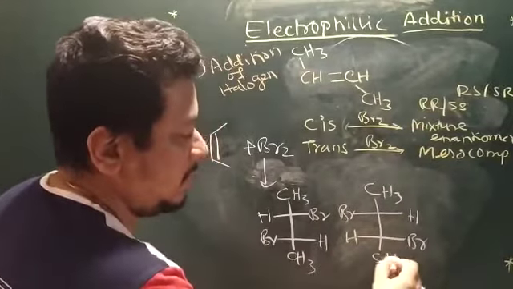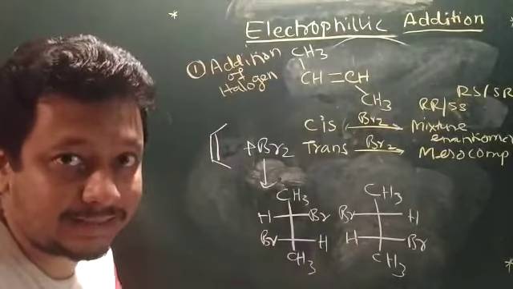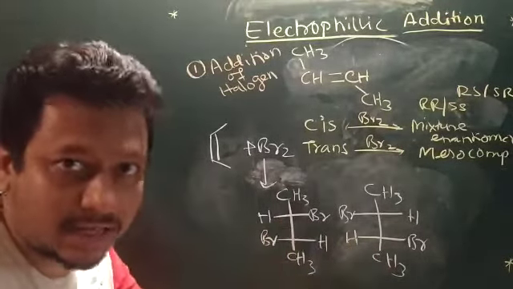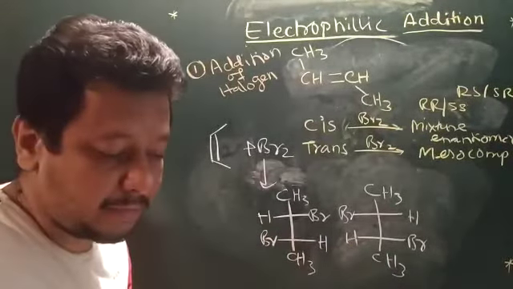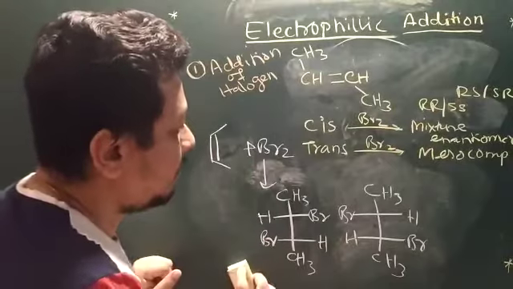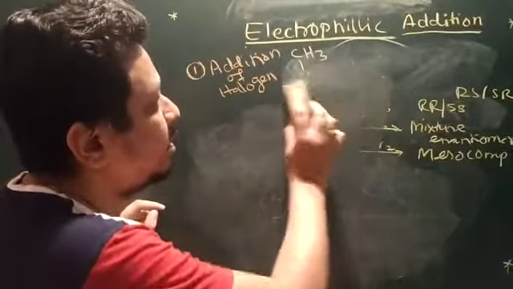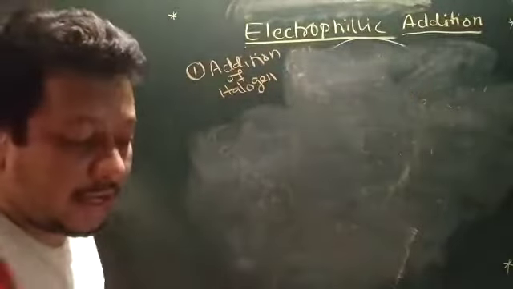If you see, it is a mixture of enantiomers. It can be SSRR or SR, RS, whatever it is. So I hope your stereochemistry basics are clear. This is the stereochemical features of addition of halogens towards the double bond, that is, towards the alkene.